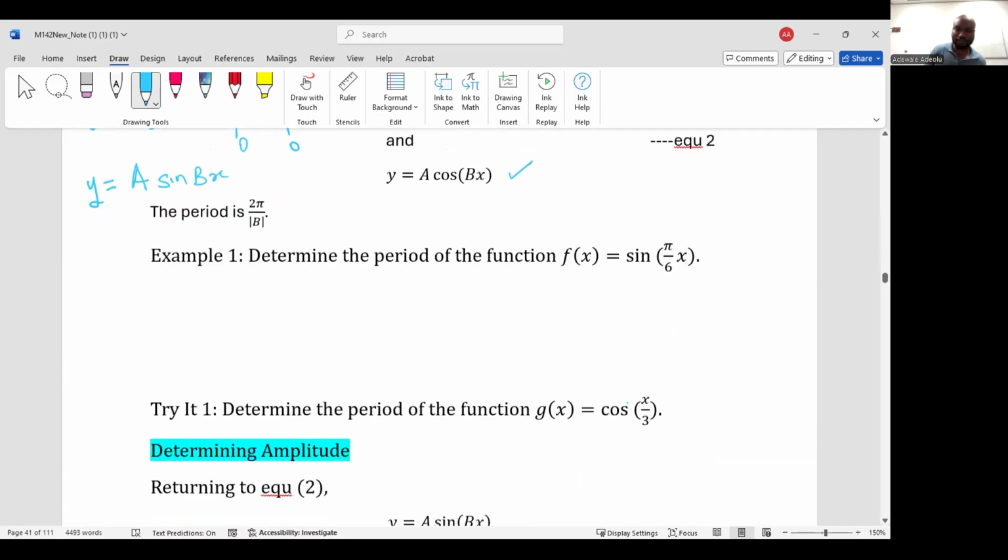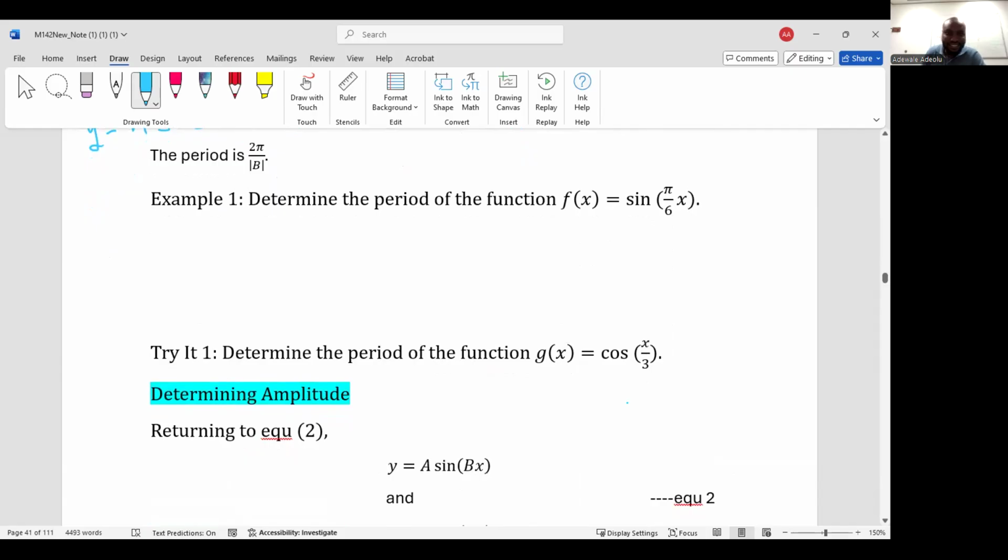Let us take an example. Determine the period of the function f of x equals sine of pi over 6 x. We would see that in that case, this is b. That is, b equals pi over 6. Now, we remember that period is related to b by 2 pi over the absolute value of b.